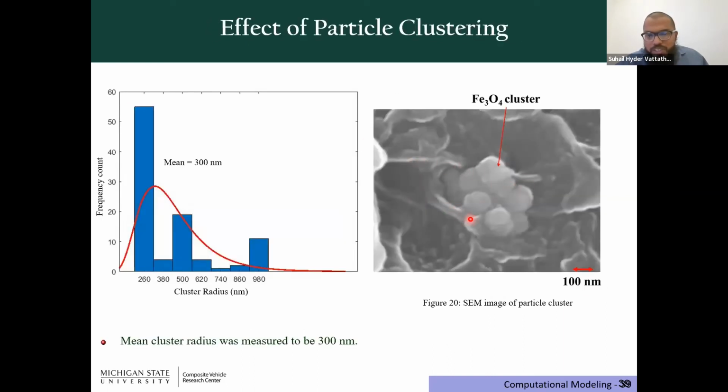Another observation we have seen is that the nanoparticles cluster together, and we found that the average clustering diameter is around 300 nanometers. These were the data that we got using the experimental observation, and then we gave this data to the computational simulation.